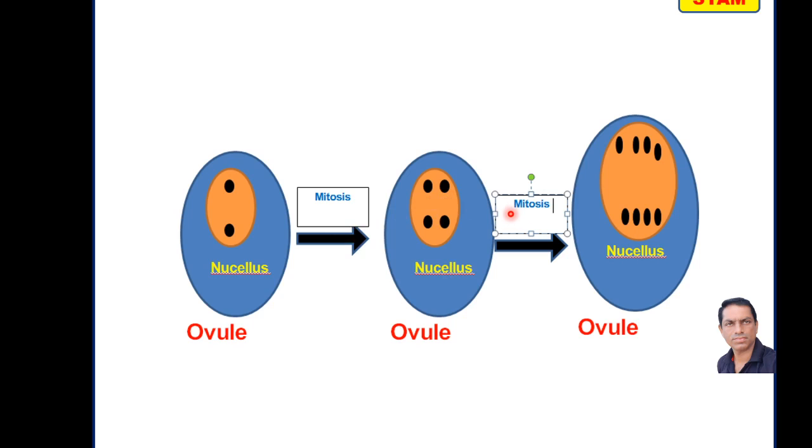These four nuclei again undergo mitosis, so four haploid nuclei are present on the micropyle side and four haploid nuclei on the chalazal side. The four haploid nuclei on the micropyle side are called the micropyle quadrate, and the four on the chalazal side are called the chalazal quadrate.